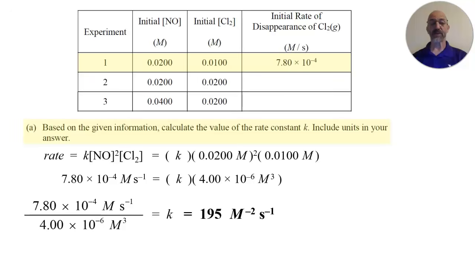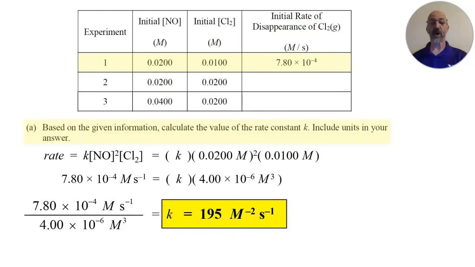But I still have to deal with the seconds. So the seconds would be seconds to the negative 1. So there is my answer to part A. The numerical value of the rate constant is 195, and the units are 1 over molarity squared and then 1 over seconds, or molarity to the negative 2 times second to the negative 1.